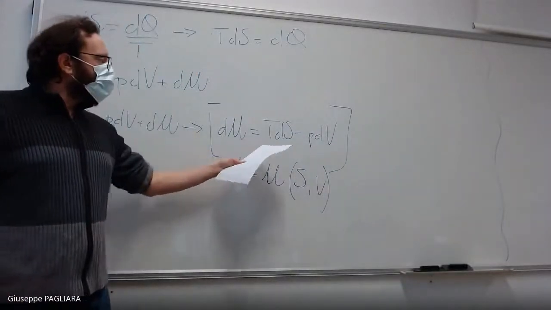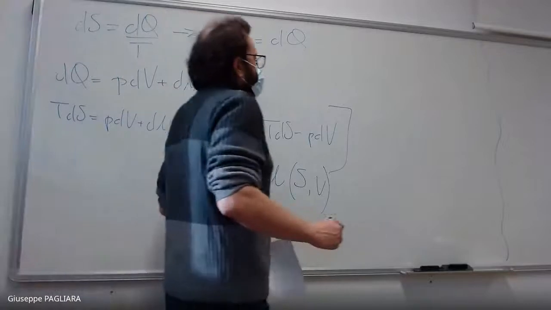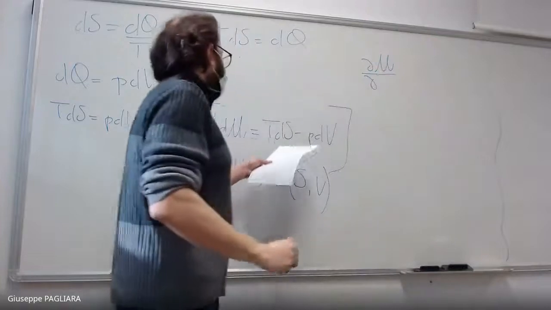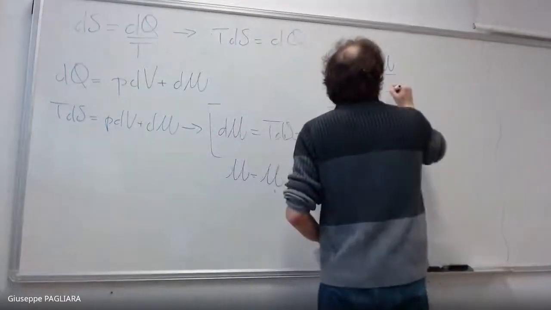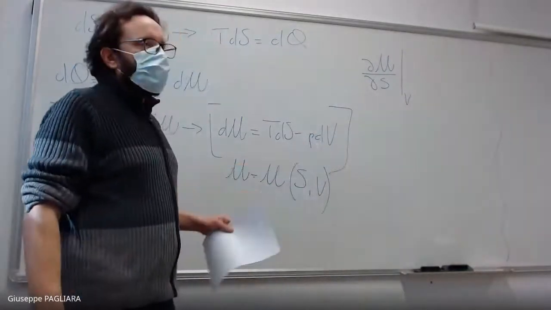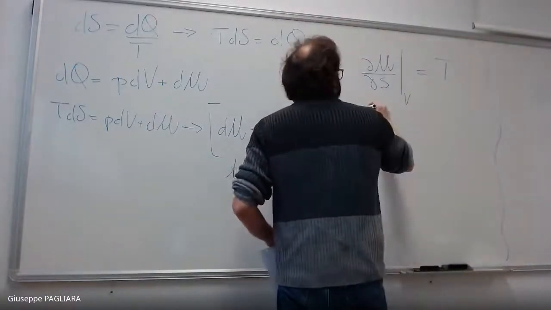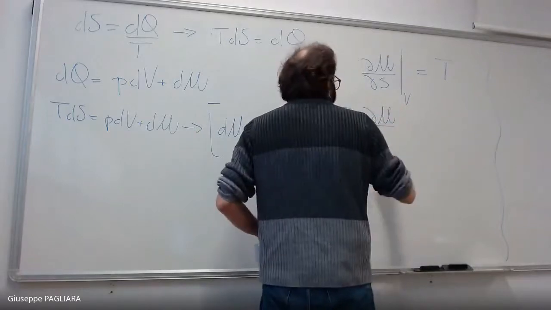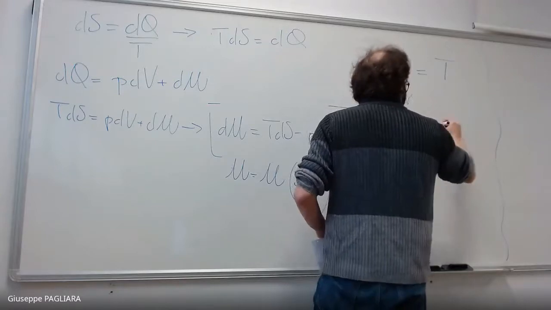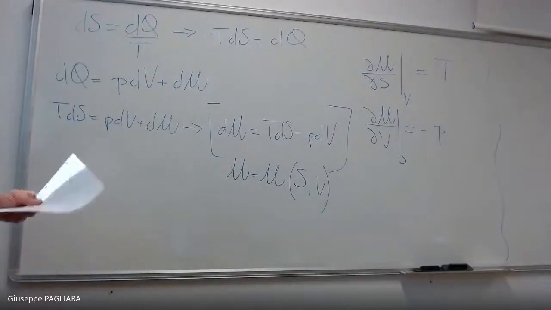That means that U is a function of S and V, and I can establish two relations: the partial derivative of U with respect to S at fixed volume is equal to the temperature, and the derivative of U with respect to V at fixed entropy is equal to minus the pressure.